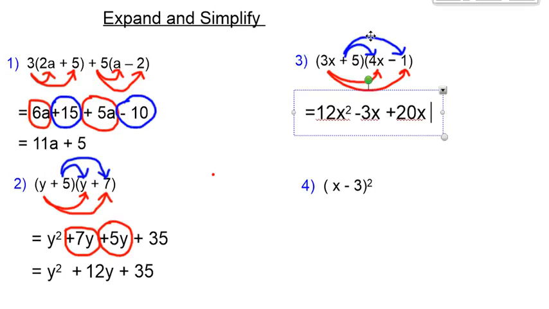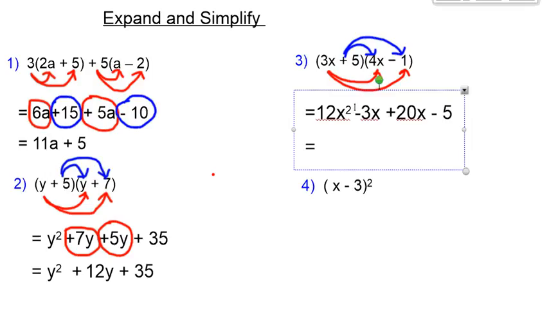And then the last term will be 5 times minus 1. A positive number multiplied by a negative number will give you a negative answer. So you will have minus 5. That's a 1 marker. Now we simplify to get the second mark in the exam.